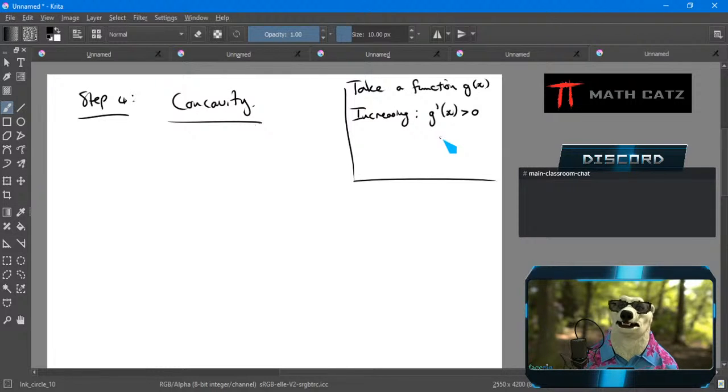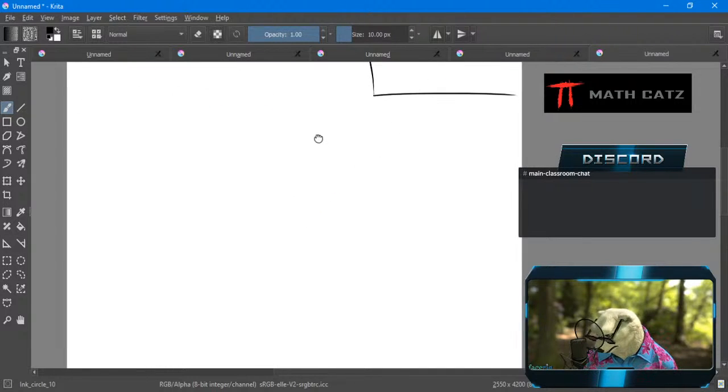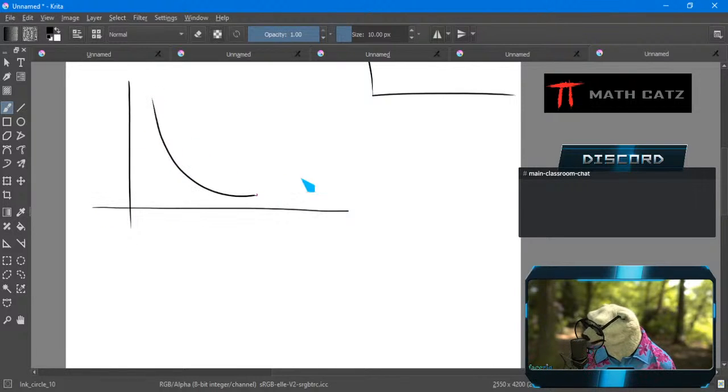I later on include the 0. I don't want to worry about a technicality. Let's just think positive. Okay. Regardless of the function, if it's increasing, its derivative is positive. If its derivative is positive, it's increasing. Okay. So let's keep that in mind. Now let's just look at the classic concave up. Big smile.